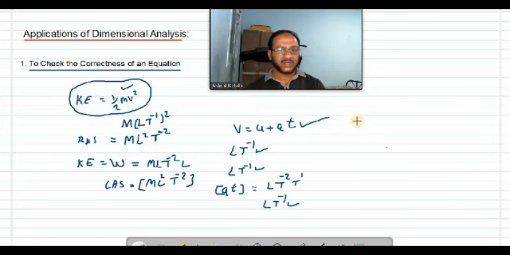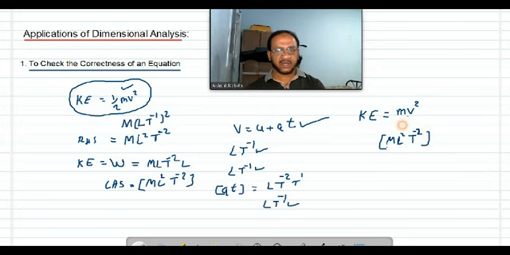Now Fahim, at the same time from another class, also derived an equation for kinetic energy. He derived the equation K is equal to just mv square. Then check the correctness. On the RHS, mv square: mass dimension is capital M, velocity square is L t raised to minus 1 whole square, so that will be L square t raised to minus 2. This is the dimension of the right hand side.